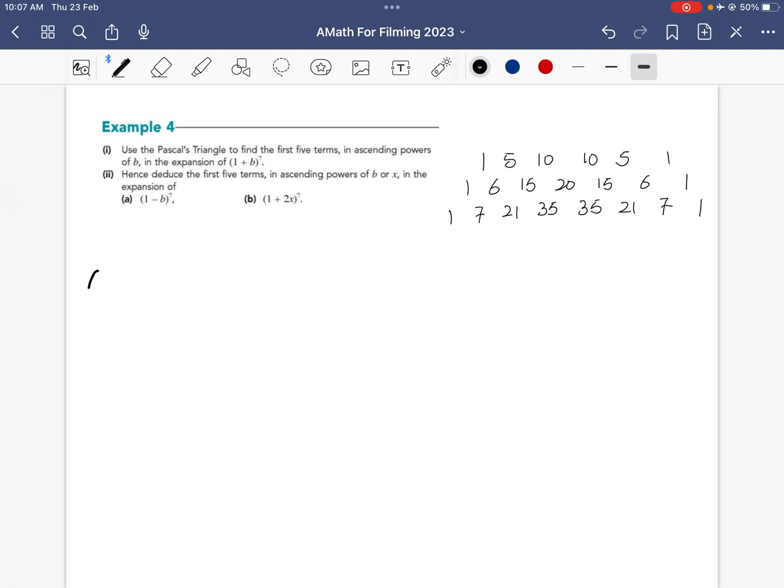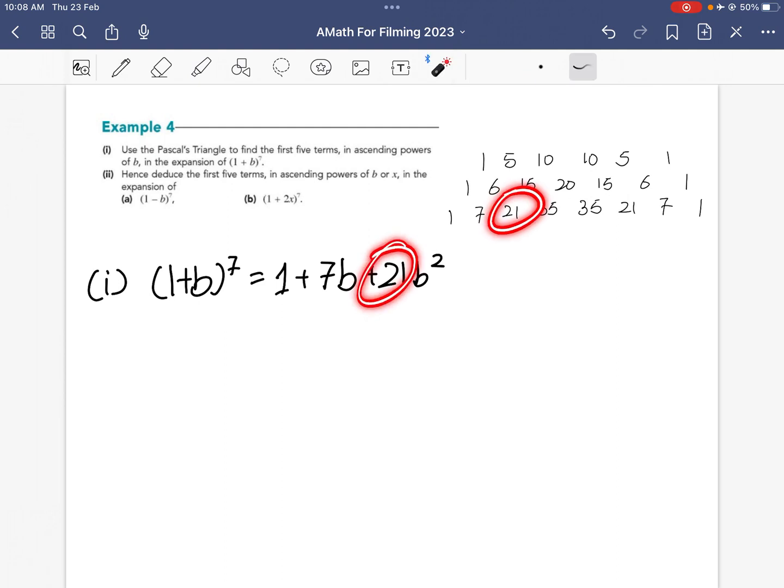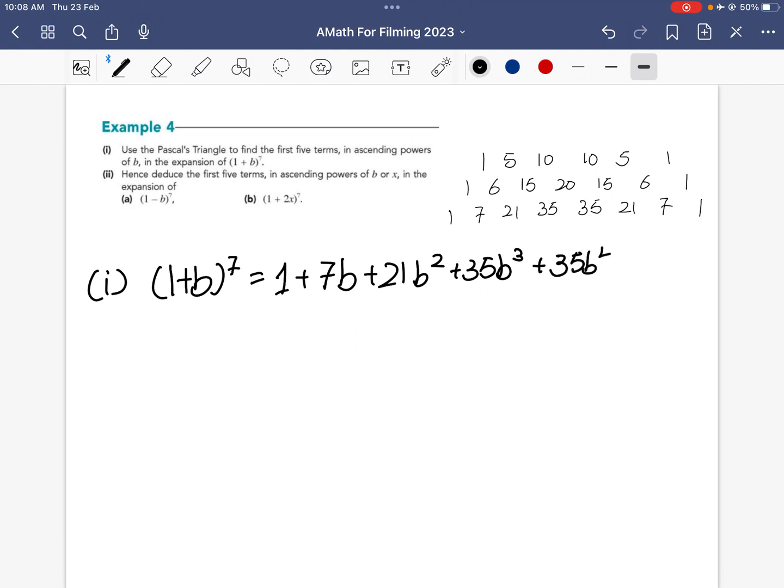So now for example 4 itself, what I get is (1 + b) to the power of 7 is, first I get 1, then plus, if you look at the coefficient is 7 and my b is in increasing powers, so it's 7b plus 21b squared plus 35b cubed plus 35b to the power of 4.